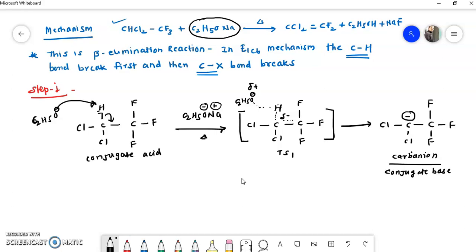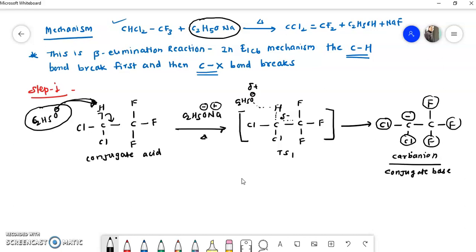So what happened in the first step? The strong base C2H5O minus, that is ethoxide, removes this proton, resulting in a carbanion which is stabilized by electron withdrawing groups. Now this carbanion is stabilized by these groups: Cl, Cl, fluorine, fluorine. All these are electron withdrawing groups, so this negative charge is stabilized by these atoms.